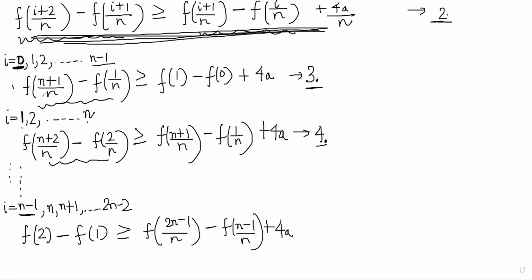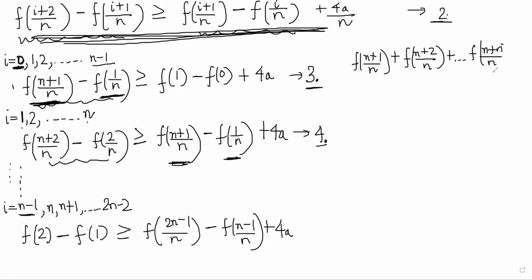Because can you see that there is f of (n+1)/n here, there is f of (n+1)/n here, there is f of 1/n here, there is f of 1/n here, right? So there are a lot of cancellations, and I will just write it briefly. This is f of (n+1)/n plus f of (n+2)/n. I'm adding all these inequalities. I will add up till f of (n+n)/n, which is f of 2.